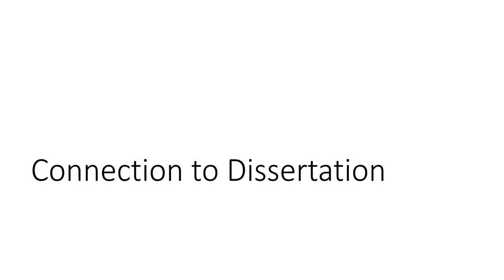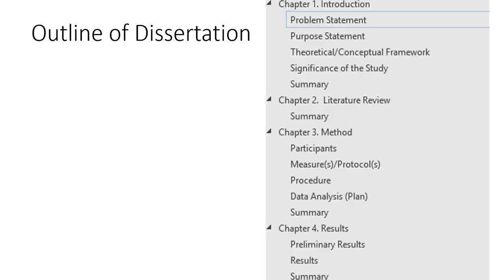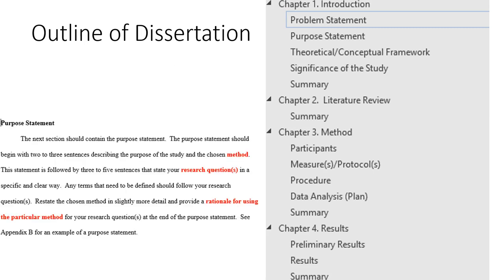So how does this connect to your dissertation? Well, if we look at the outline of your dissertation, you're going to see in chapter 1 that there's an introduction. Then you have a problem statement, a purpose statement, your theoretical conceptual frameworks, the significance of the study, and the summary.